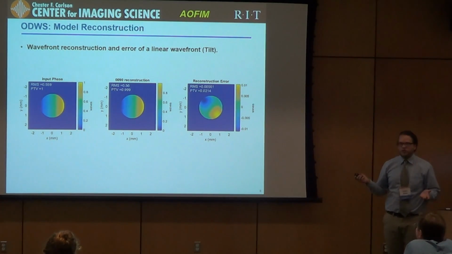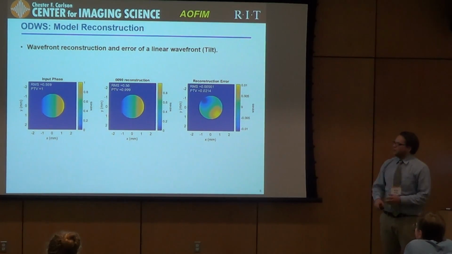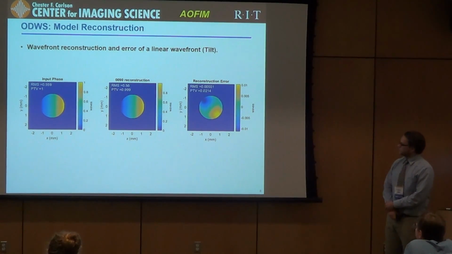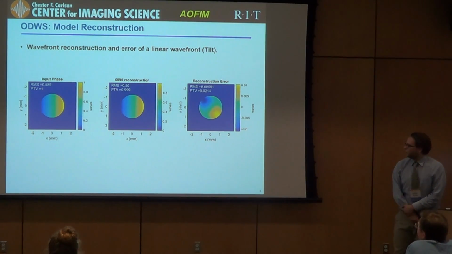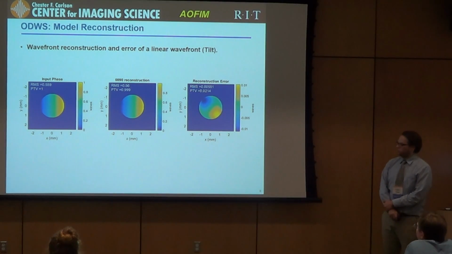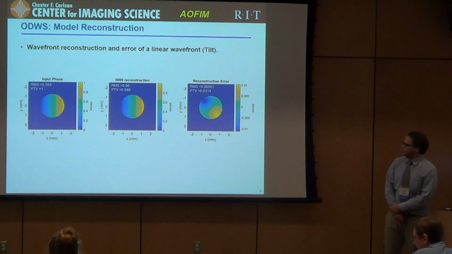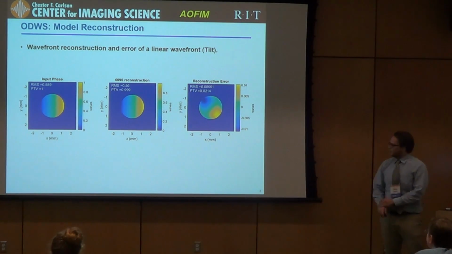So an RMS of 0 would be a flat wave. Peak to valley is just like the range of waves seen throughout the pupil. So we started off with 1 wave peak to valley, reconstructed 0.999 waves, which is a pretty good reconstruction. And over here are the residuals when compared with the reconstruction and the known input.